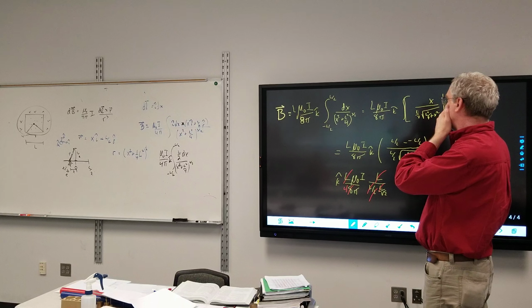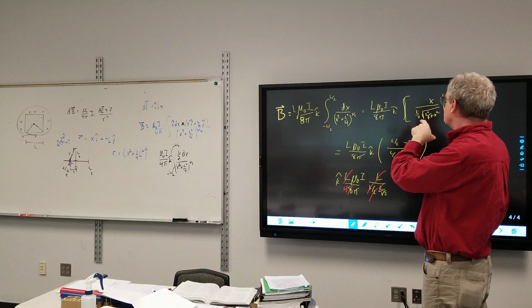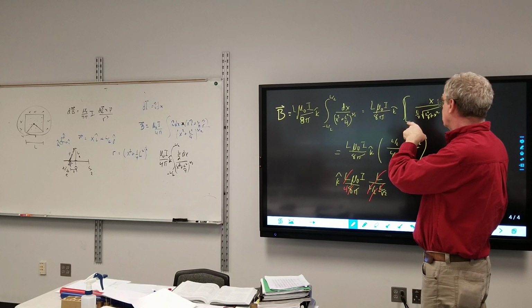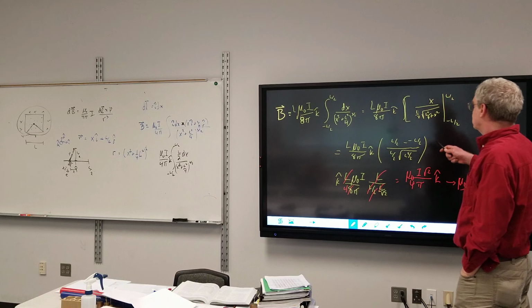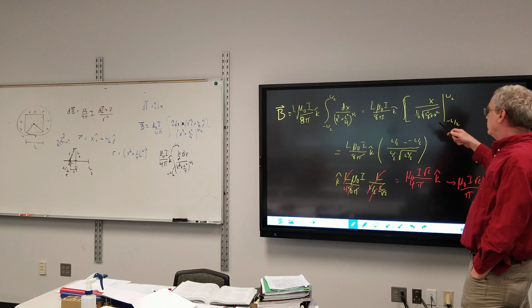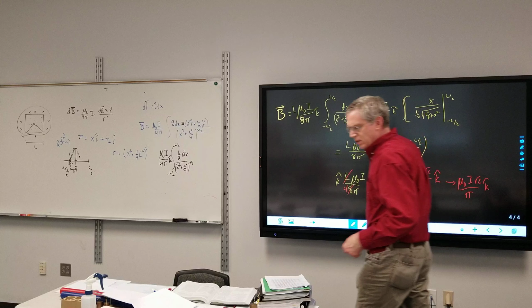We have 4, X squared plus L squared over 4 to the 3/2, I K hat, and then we did the integral. Let's make sure I plugged into that one correctly.